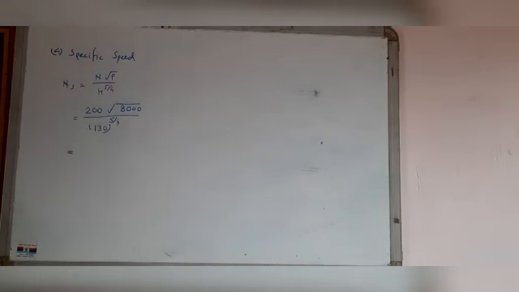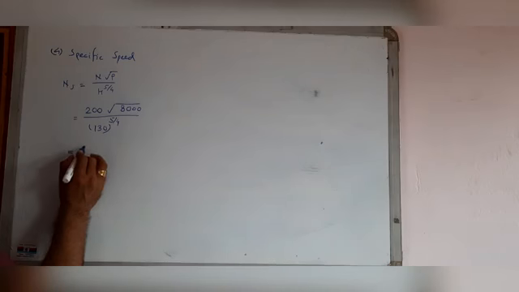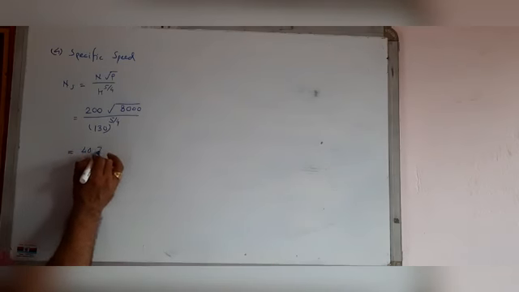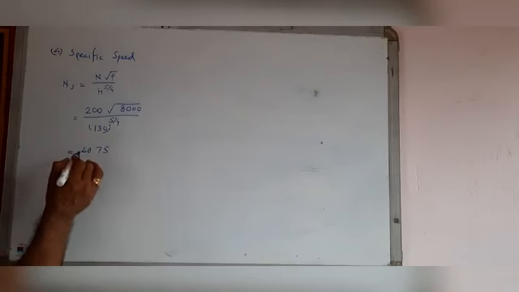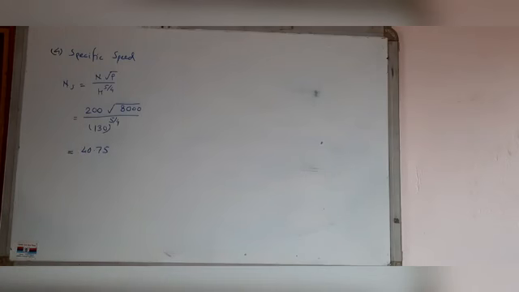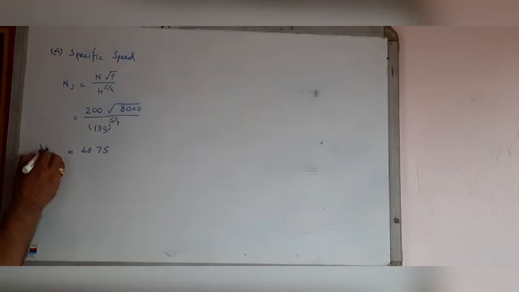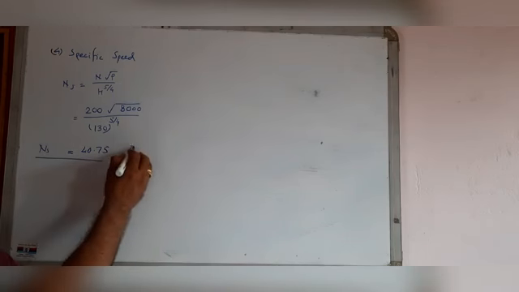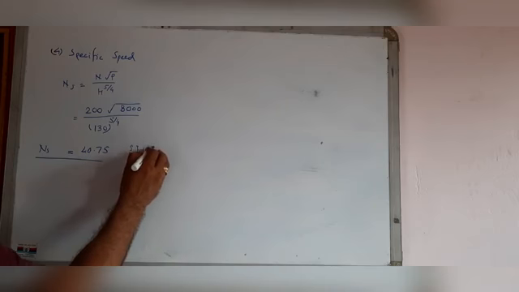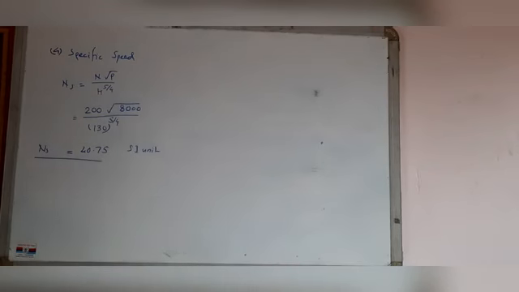So this specific speed comes 40.75. 40.75 is the specific speed, Ns in SI unit. So you have to solve similar types of questions from the book which have been asked in the exam.